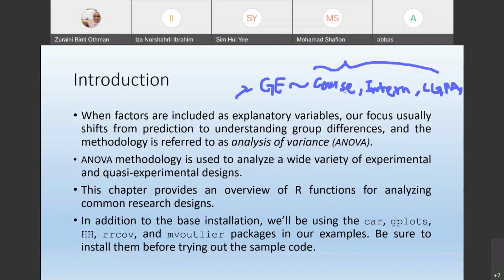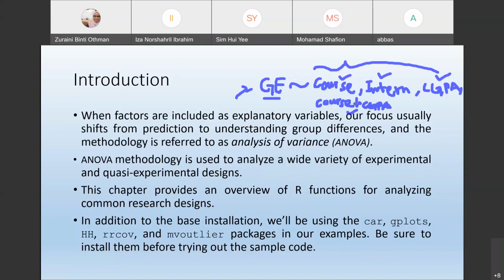From these factors, maybe we can combine, which is we want to know between course and CGPA, is there any effect on the graduate employability? Besides one factor, we can combine two factors.